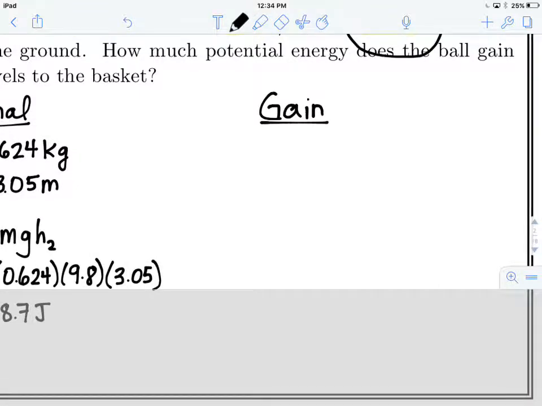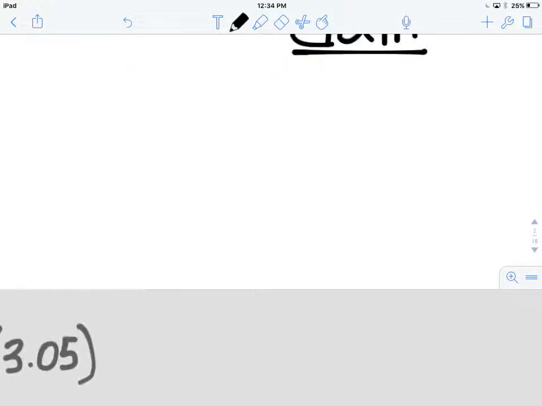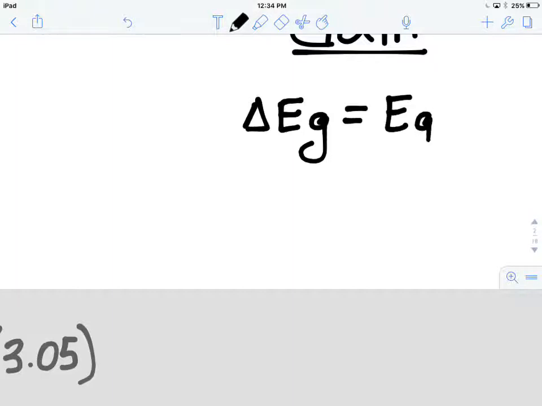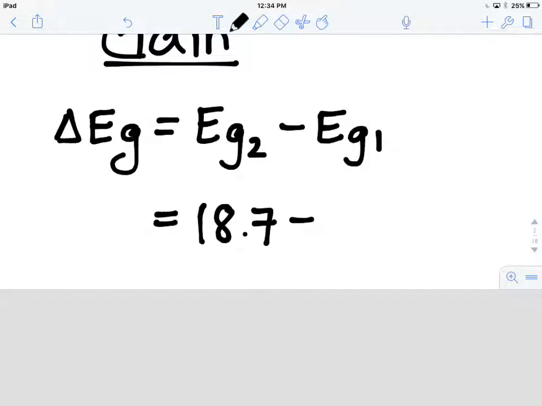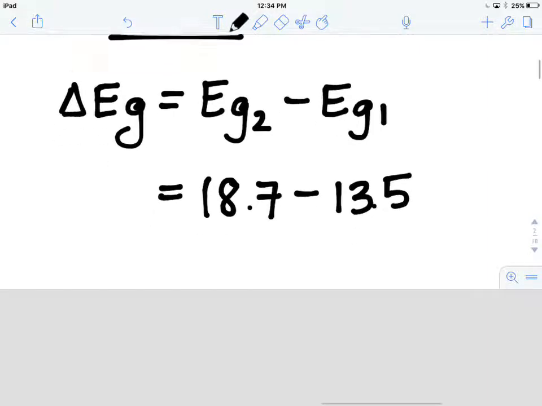So indeed, we have gained potential energy, and that gain, we can say, is delta EG, which is EG2 minus EG1. So our final gravitational potential minus our initial. And in this case, we had 18.7 joules minus the initial 13.5 joules.